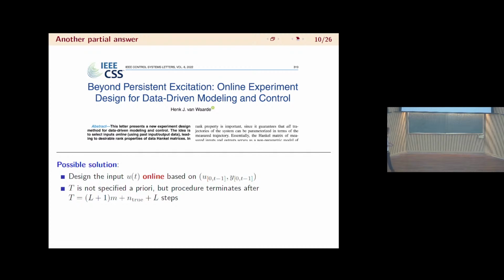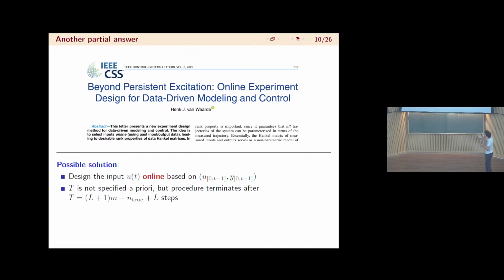It turns out that if one applies that procedure from the paper to generate this input, then the number t of samples that one needs to identify the system is not specified beforehand.